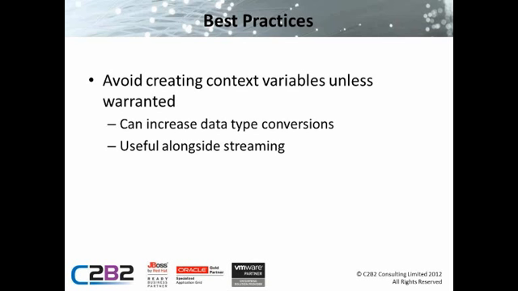Now, if all of the fields that are going to be read are located in a single subsection of this XML document, a hybrid approach is going to provide the best performance, which is going to be using these context variables as well as streaming. So instead of streaming with the entire document, you can use a context variable to take part of the document, and again you're just reducing the amount of work that OSB has to do, making the document artificially smaller, if you like.